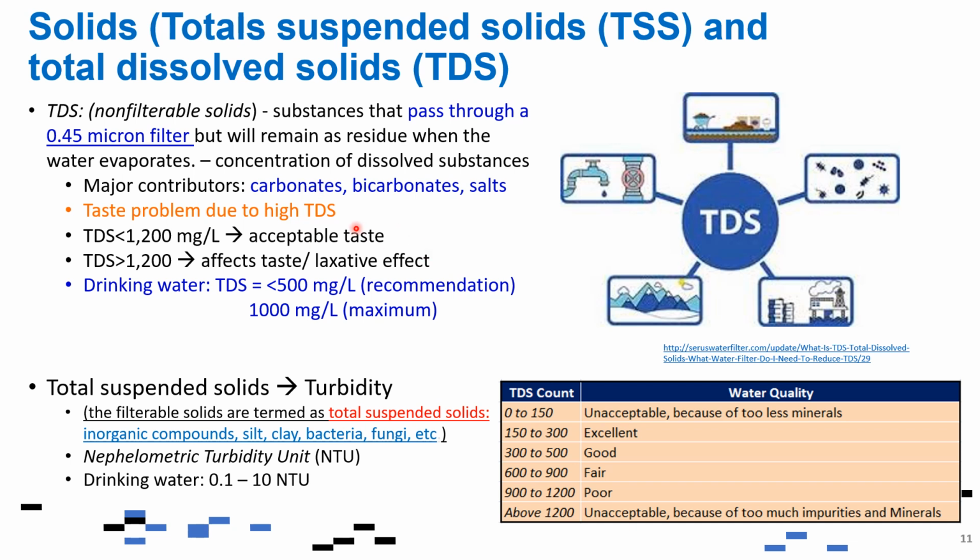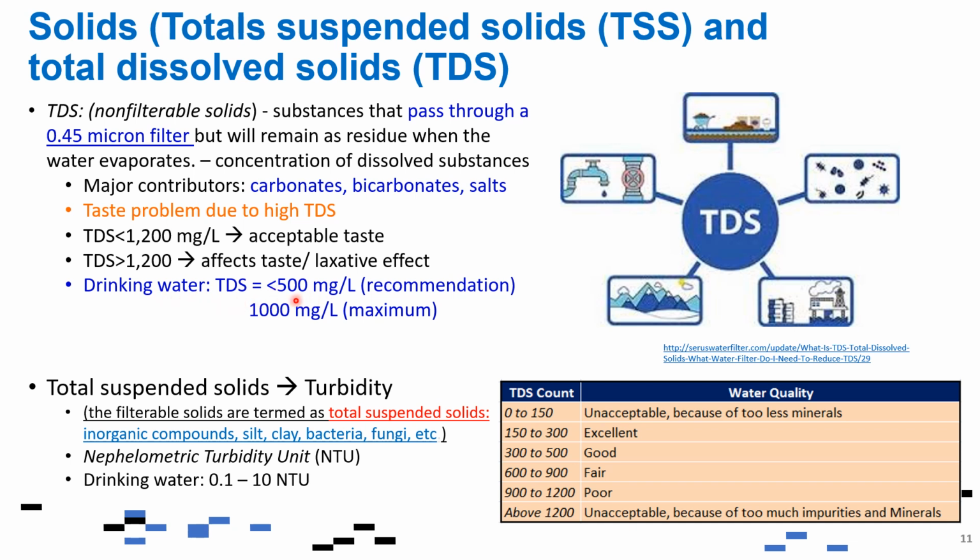Many of these total dissolved solids come from human pollution, especially runoff from irrigation, runoff from roads, and even wastewater discharges. That's why TDS in this water quality is quite high. And in terms of the drinking water standard, in most cases, below 500 milligrams per liter is the recommended TDS level for drinking water.